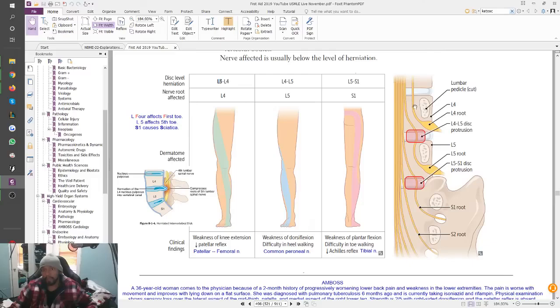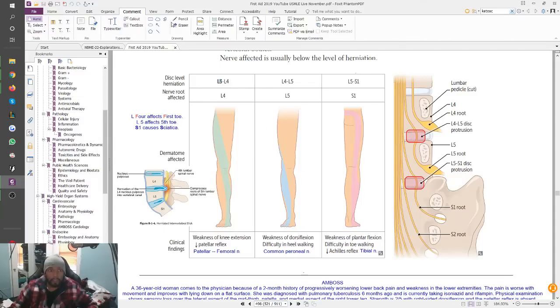Really important to understand how that compression occurs. Here they're showing you L4, L5 protrusion. If it protrudes out, it's going to compress the nerve below L4, which is the L5 nerve. So really important, here, L5 S1, this protrusion, you see how the disc is protruding, it's compressing this nerve.